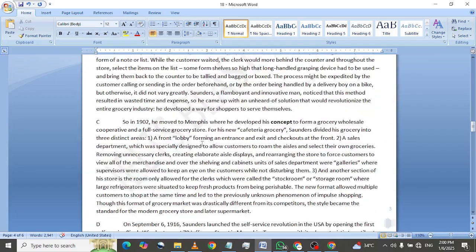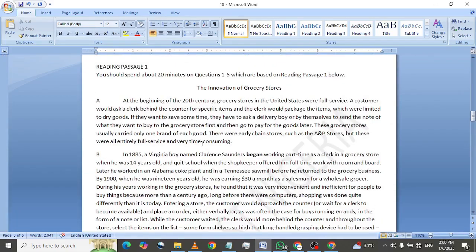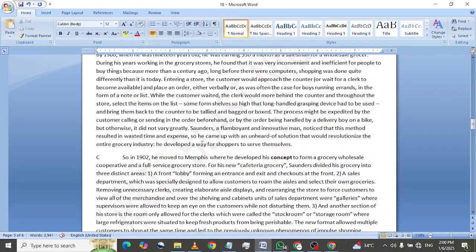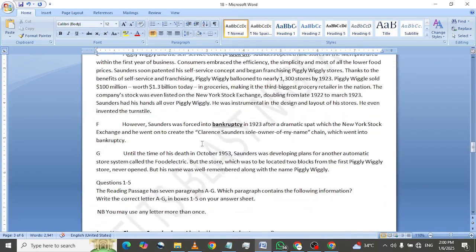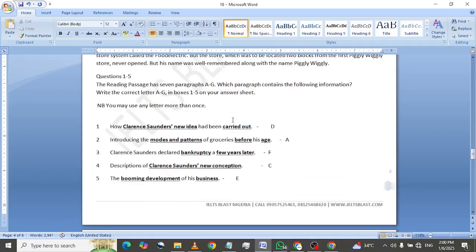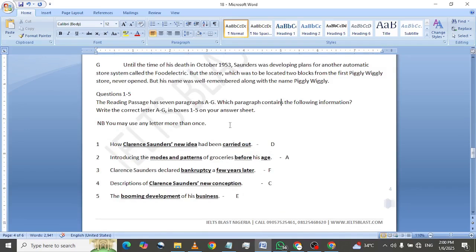You can see how long this paragraph is, but look at how short it is for us to solve this type of question. So matching headings, applying this strategy that I've explained to you, you will always find matching information very, very easy.